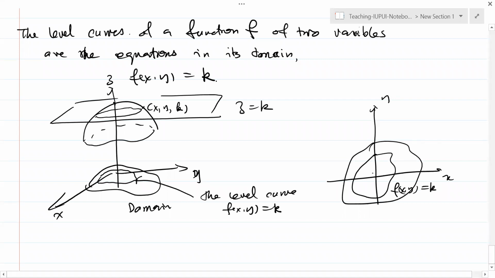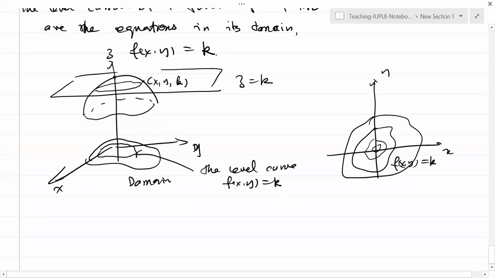You can see that if you go into the middle, the value of k increases. Sometimes it's the opposite, if it's a valley surrounded by mountains, then the k value goes down. So from the two-dimensional map you can tell how high a particular point is.